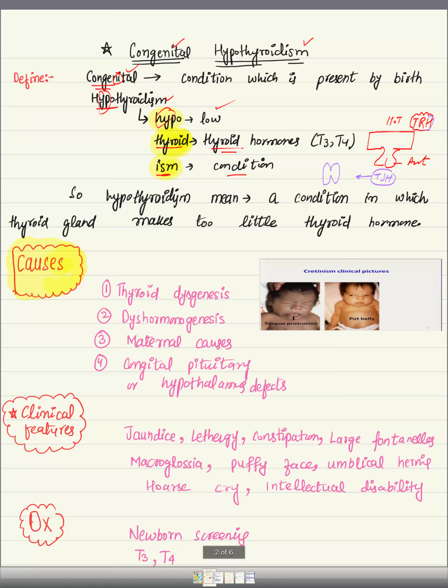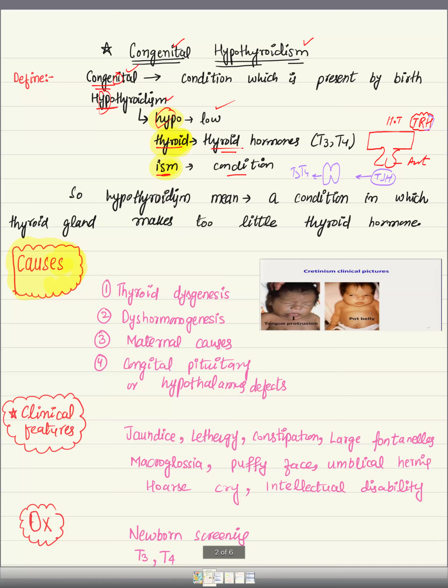And when the thyroid gland is stimulated, it produces T3 and T4. So this is the normal regulation of thyroid hormone production in our body. You have to remember this, because this is the normal physiological pathway we have to understand first of all. So that's all about the regulation.